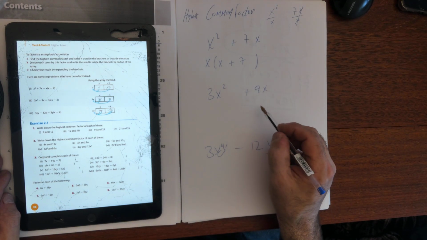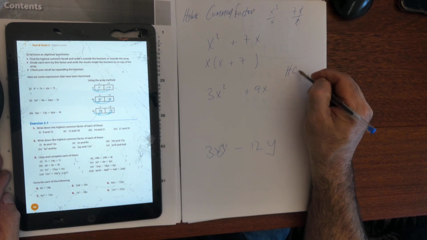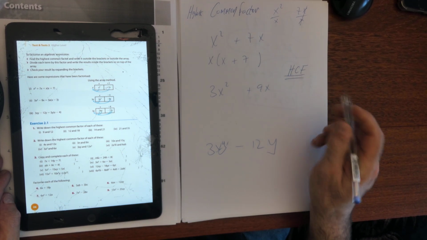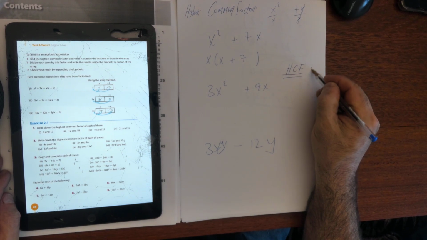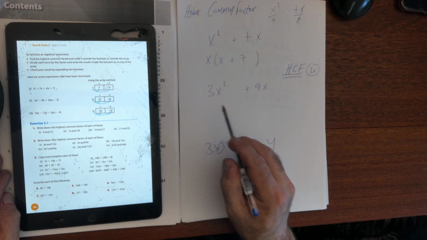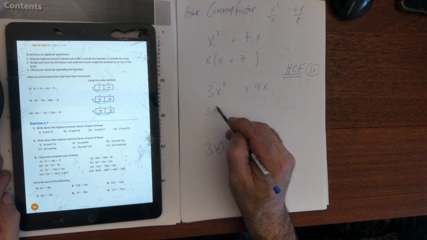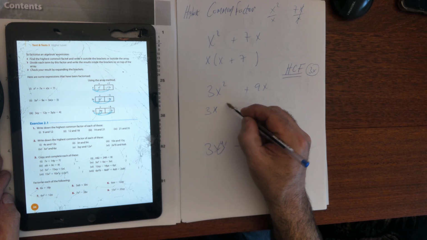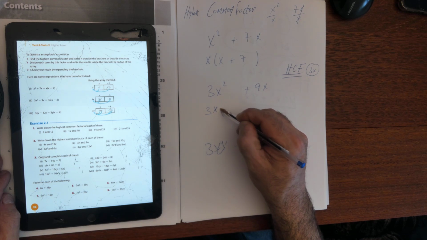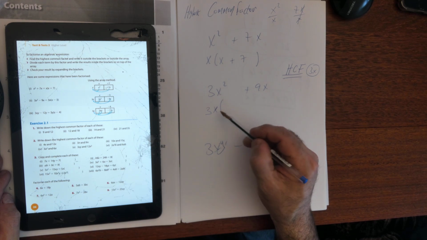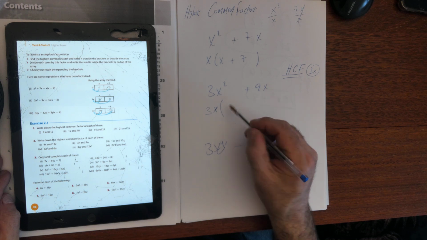Now looking at this, we're looking for the highest common factor first to take out, which is 3x. We take it out, and it's a little bit contrived. It's a new idea. It's working backwards from multiplying in. So you're taking out your 3x and you're asking yourself, how many times does that go into that?